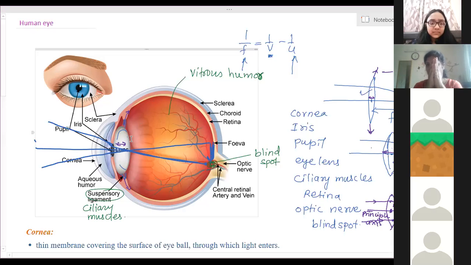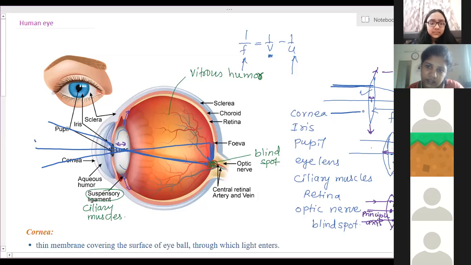A thinner lens has more focal length. You can see here, the thickness of this lens is very less. When rays parallel to the axis fall on the lens, they converge the beam of light.